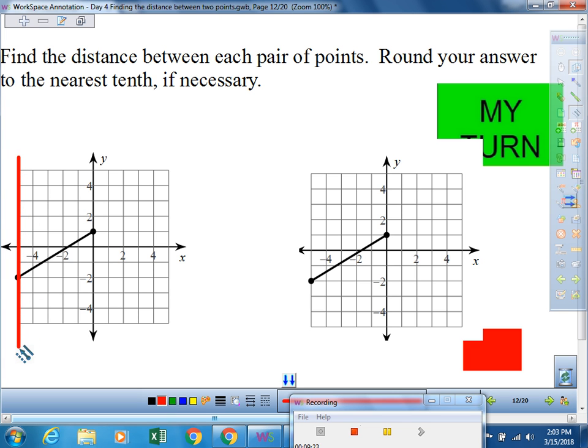Your graph should either look like this or like this.